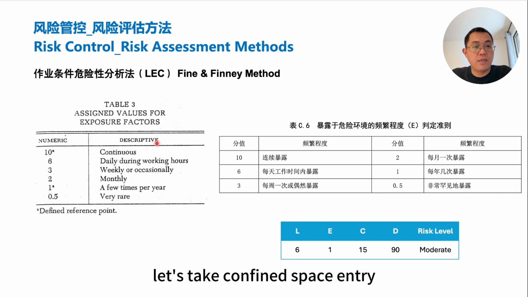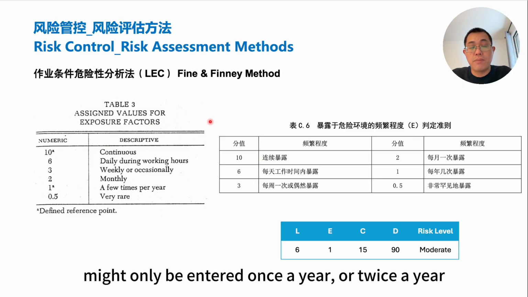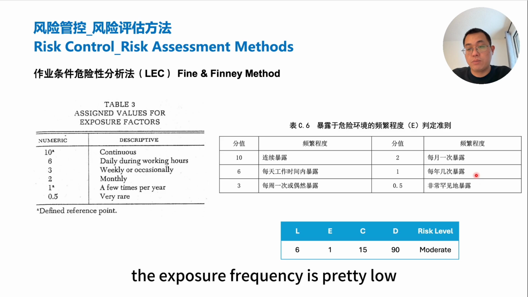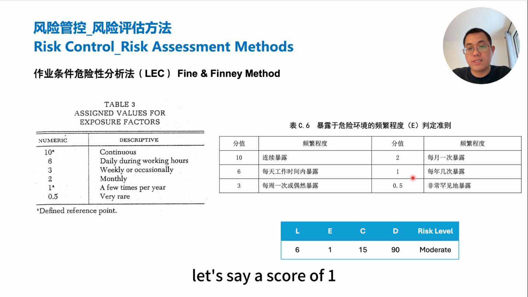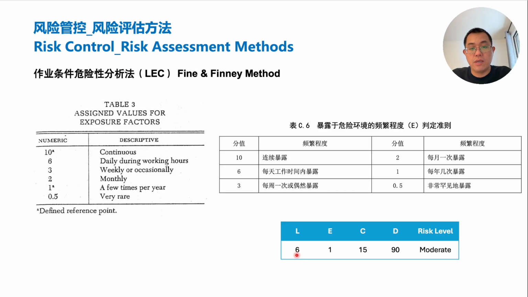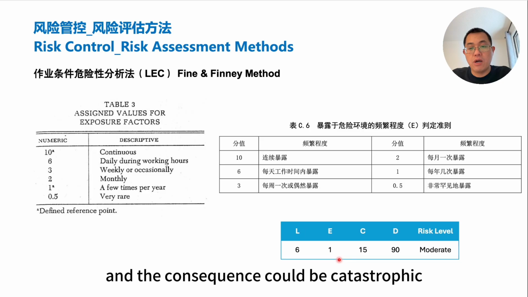Let's take confined space entry as an example. Many confined spaces, like underground wastewater tanks, might only be entered once or twice a year. That means the exposure frequency is pretty low, let's say a score of 1. But the likelihood of the accident is still quite high, a score of 6. And the consequence could be catastrophic.